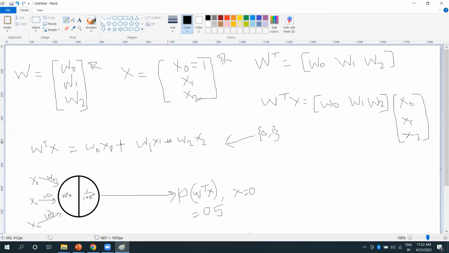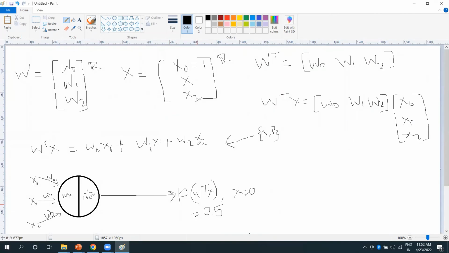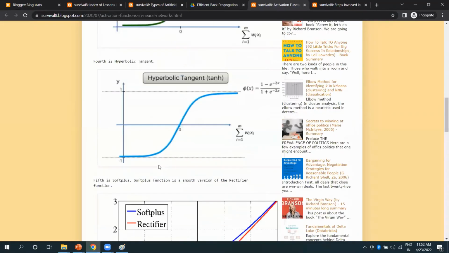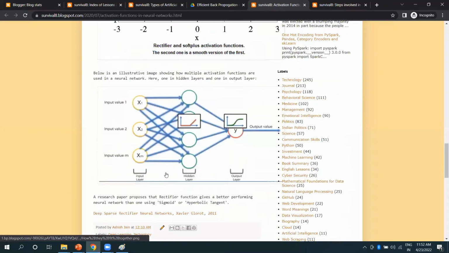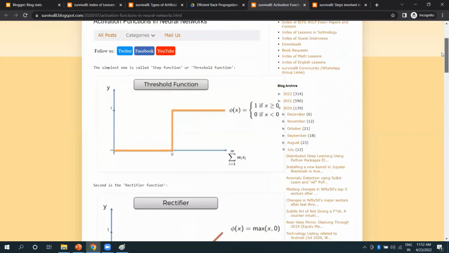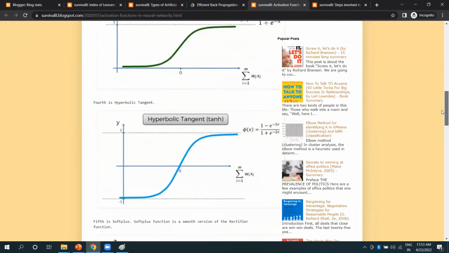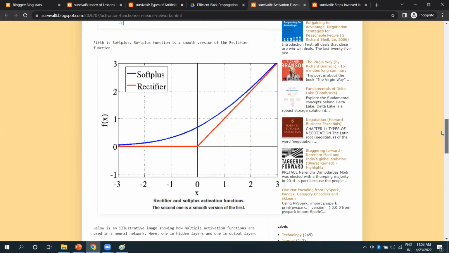So that is how we start with neural networks. Now the question is, can we use other methods also? A lot of times, yes. In this picture you have the threshold function, the ReLU function, the sigmoid function, the hyperbolic tangent function, and there is also the soft plus function.